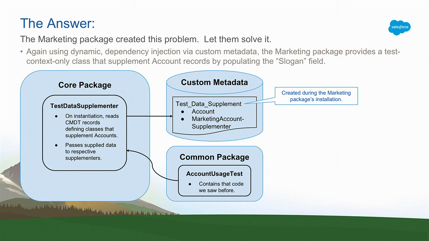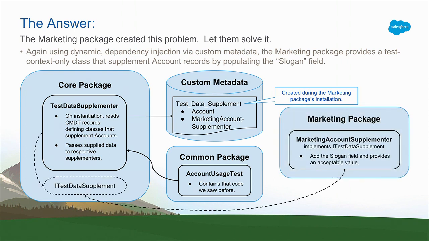All right? So now back in the account usage test, it creates its account in exactly the same way it did before, but instead of just going straight to the insert, it passes the accounts to the test data supplementer class. It, via a test data supplement interface, is going to call off to this marketing account supplementer, which implements the interface.